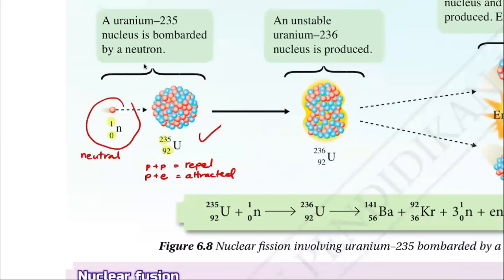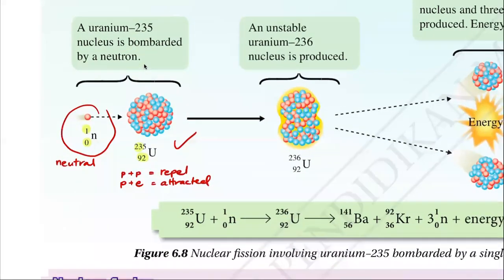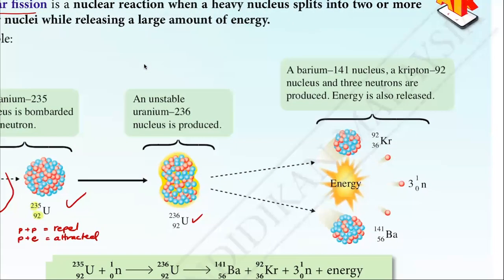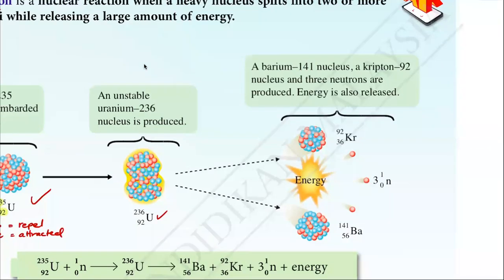So when the uranium nucleus is split, it will create another uranium nucleus, but this one is uranium 236. This is a radioisotope of uranium, and it is still unstable. So it will continue to split. This time it will split into two.